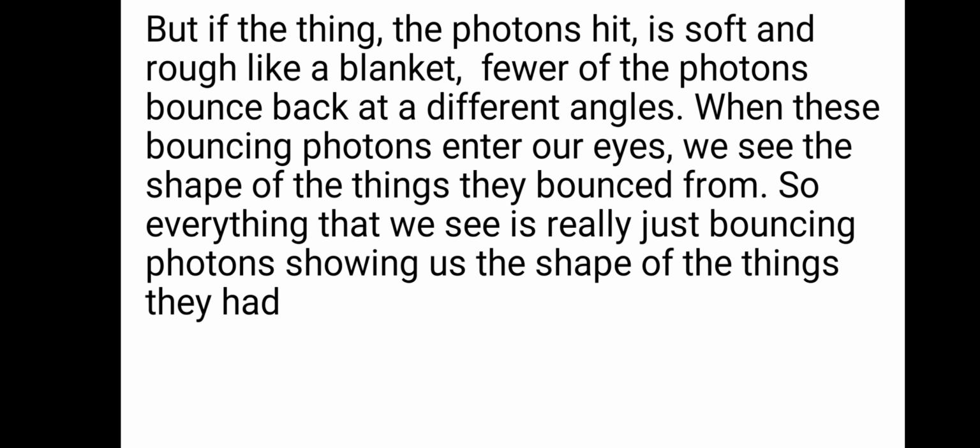But if the thing is soft and rough like a blanket, fewer of the photons bounce back, at different angles. When these bouncing photons enter your eyes, we see the shape of the things they bounced from. So everything we see is really just bouncing photons showing us the shape of the things they hit.